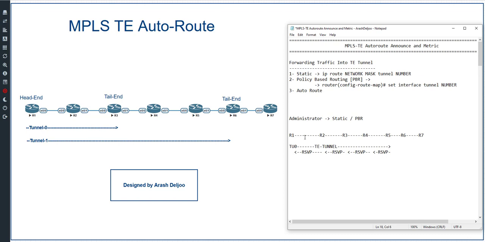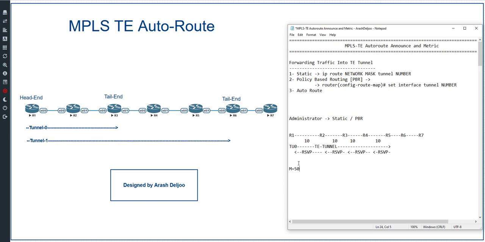Maybe you say, what does it mean? Let me write here. Assume that here we have a link with a metric of 10, and then again 10, and then again 10, and after that 10. Okay, you know that for reaching R5, for example R5 loopback 0, the metric is 50. Okay, 10, 10, 10, 10, and then 1 for the loopback 0.